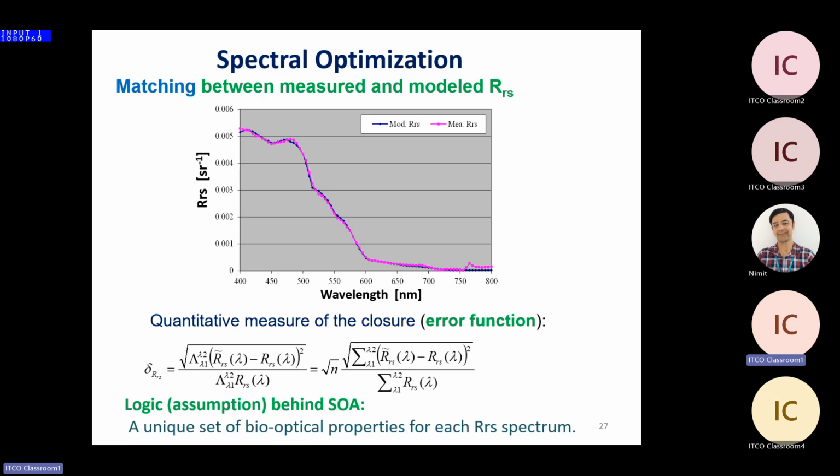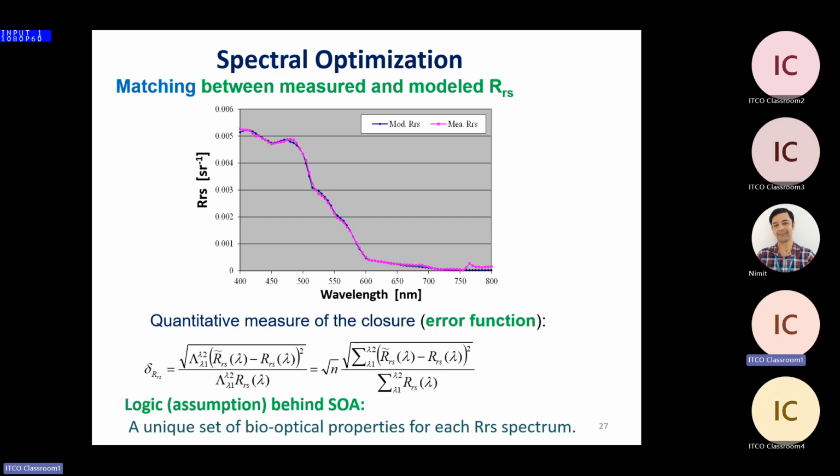This is the spectral optimization. Basically, this is the delta Rrs, which we call either a cost function or the error function. We're simply trying to minimize this delta Rrs. The logic behind this is we assume there's a unique state of M1, M2, M3 corresponding to the remote sensing reflectance spectrum.